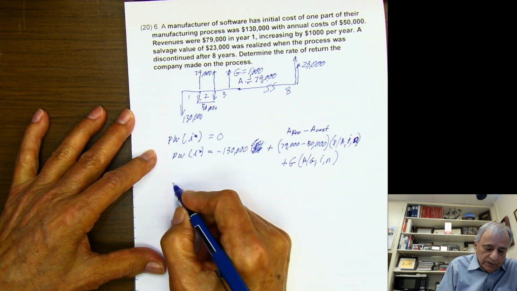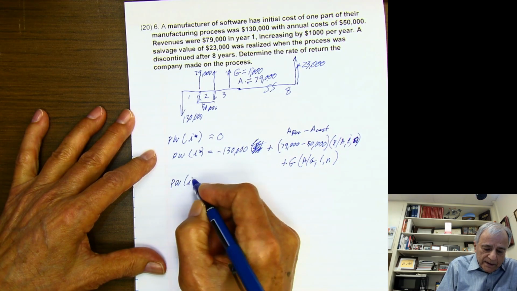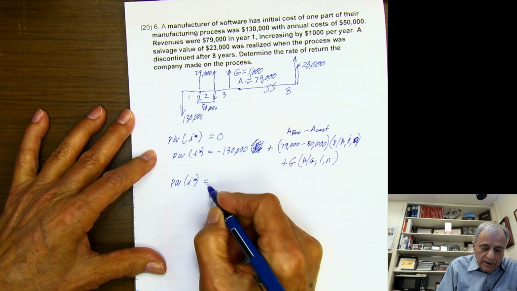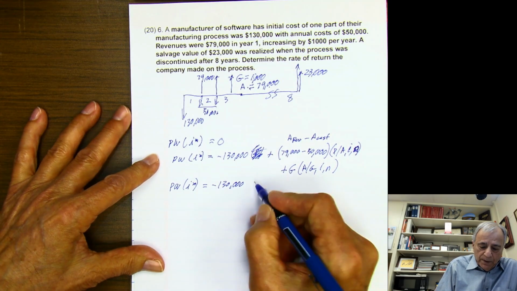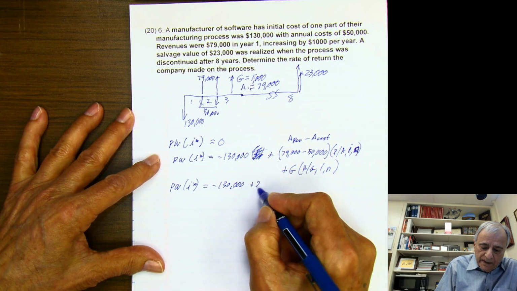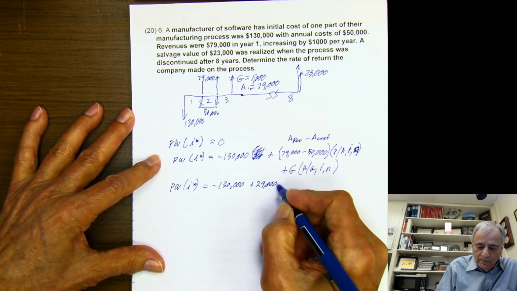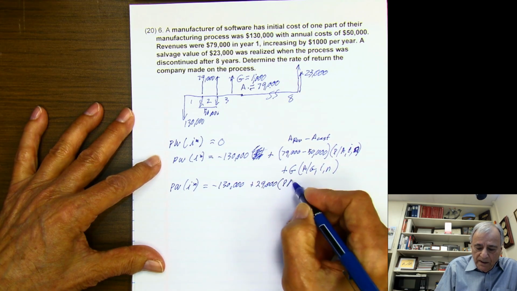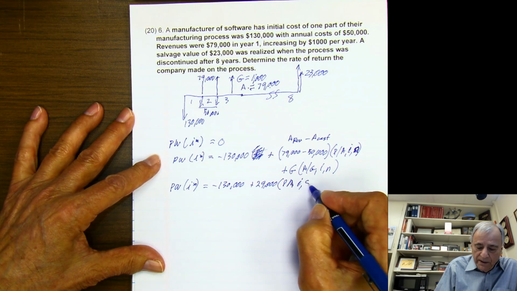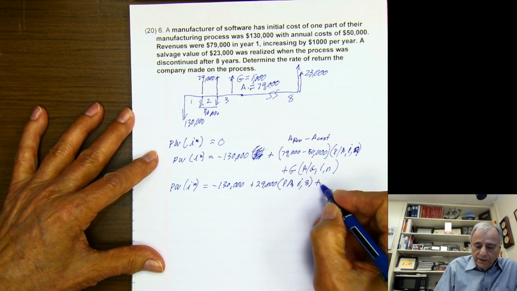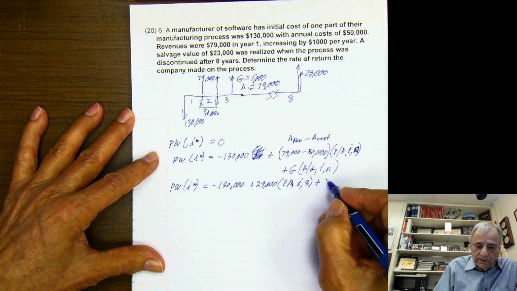So this will be equal to present worth at I star equals minus 130 plus 29,000 P given A, some unknown rate for 8 years, plus 1,000 P given G, unknown I, 8 years.